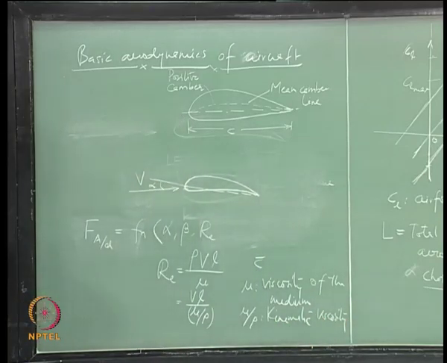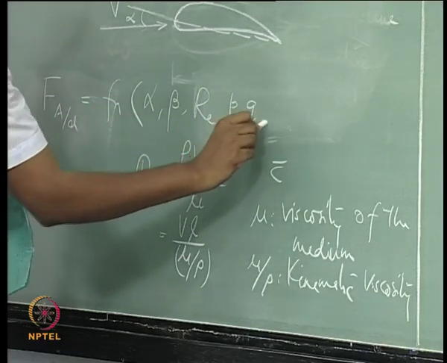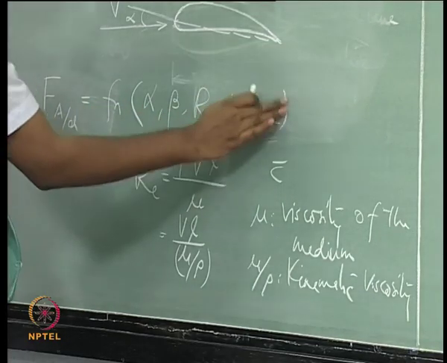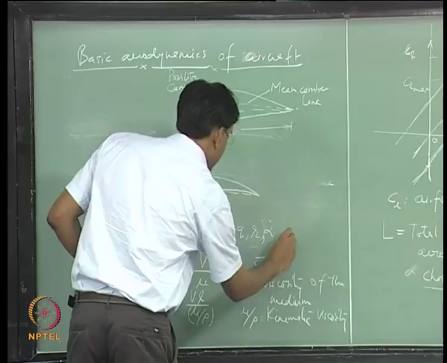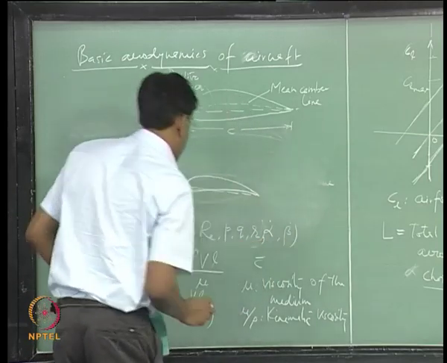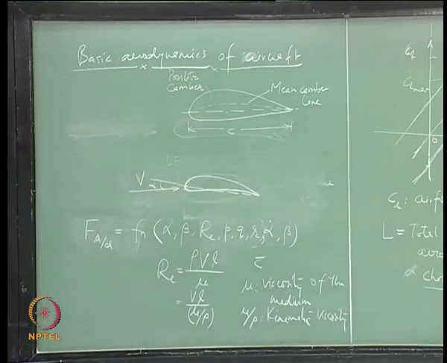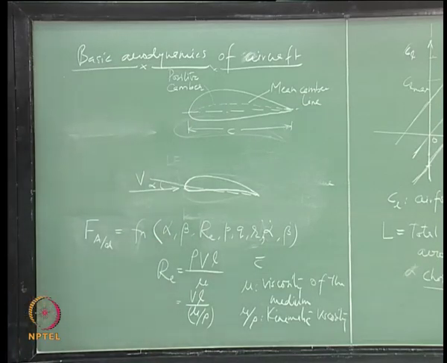So, in general these forces are also going to be functions of the rates, the rate of change of these angles. And similarly moments are also going to be functions of these variables.